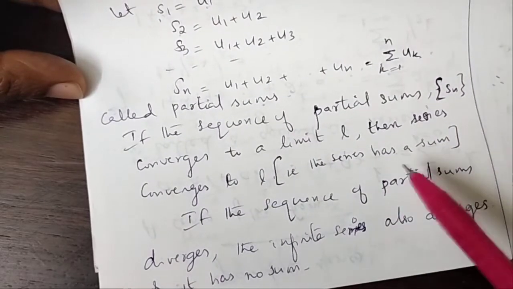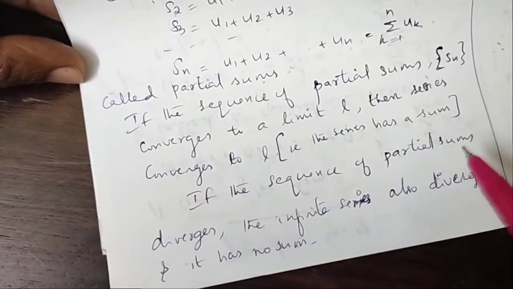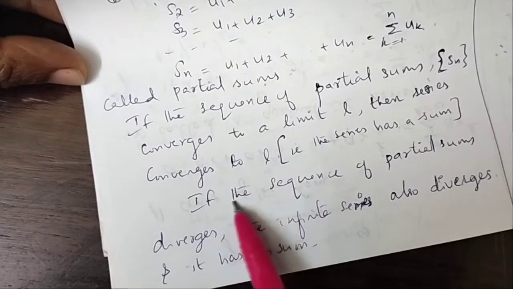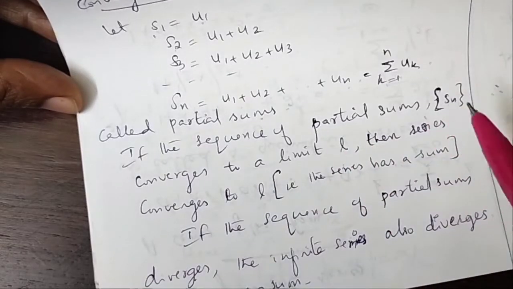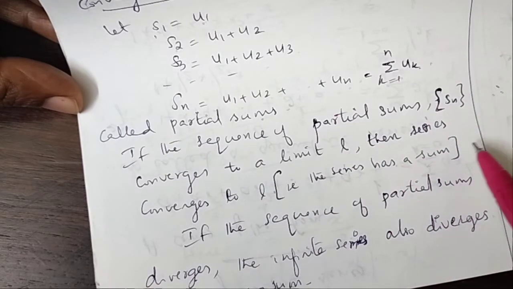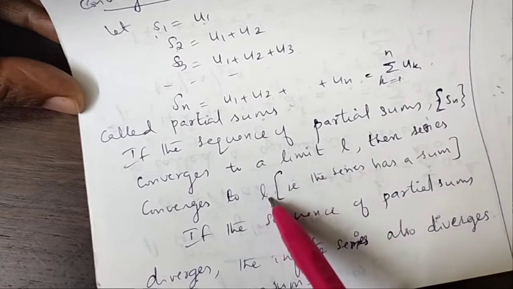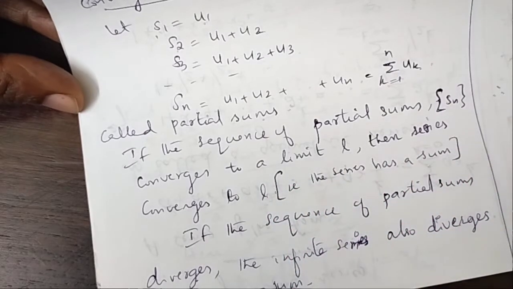In some cases we can find the sum, and in some cases we can't find the sum, or can find the sum but not easily. Okay. So if the sequence of partial sums converges, the series also converges to L, the limit. But if the sequence of partial sums is divergent, the infinite series is also divergent.